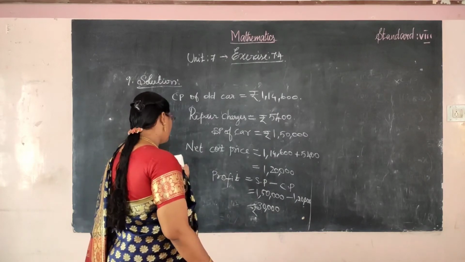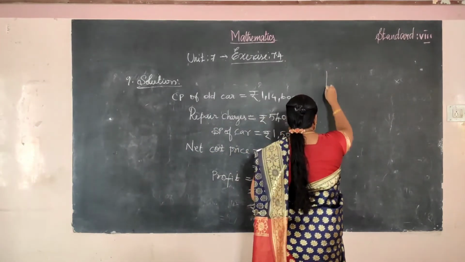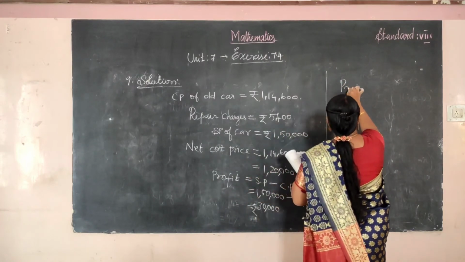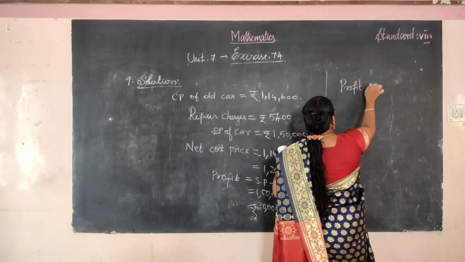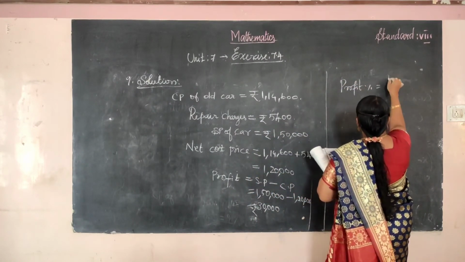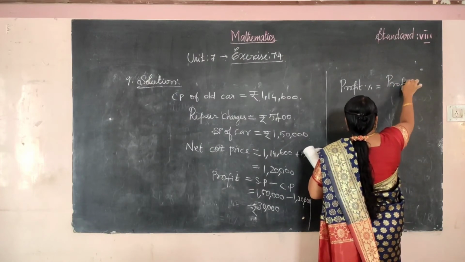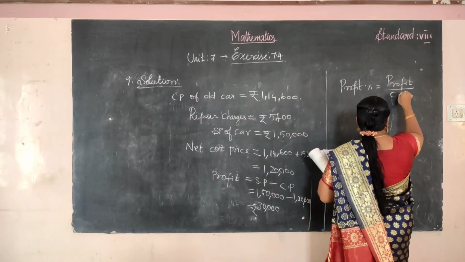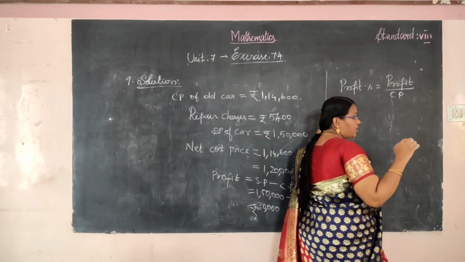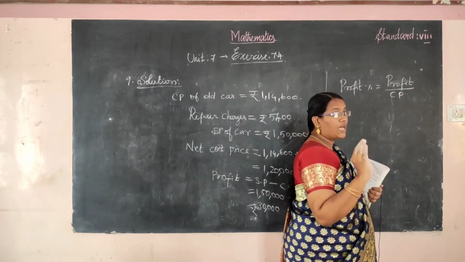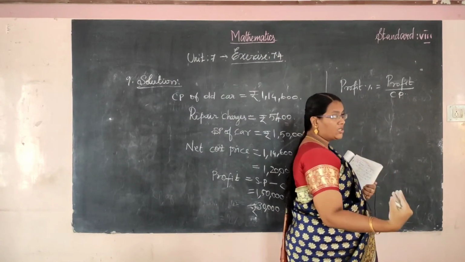Here we have to find out the gain percentage. So the profit percentage formula: profit percentage is equal to profit by cost price into 100. Profit percentage and loss percentage are always calculated on the cost price.